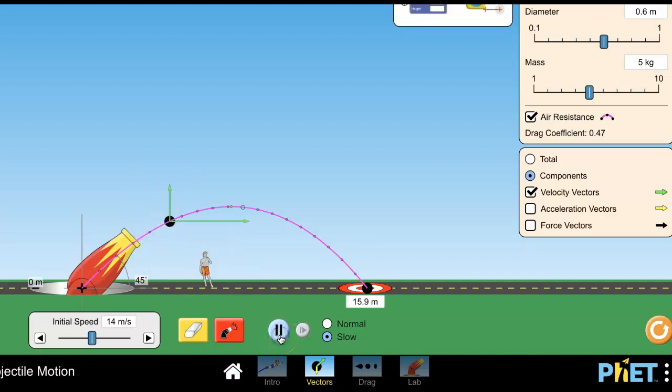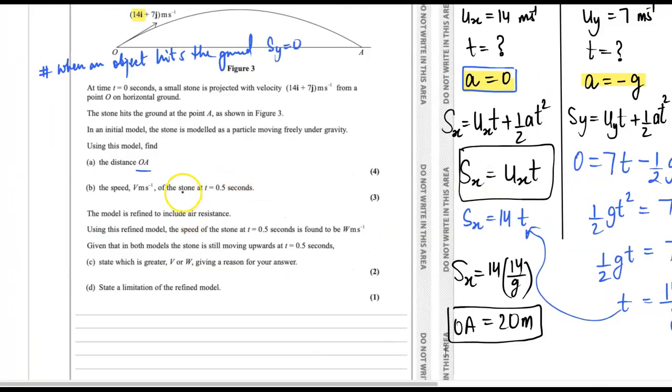When it was here, the vertical velocity vector was greater. Horizontal is the same throughout, right? Because it's falling freely under gravity. Its vertical vector is changing, but horizontal is the same. And we need to find the speed when t is 0.5.